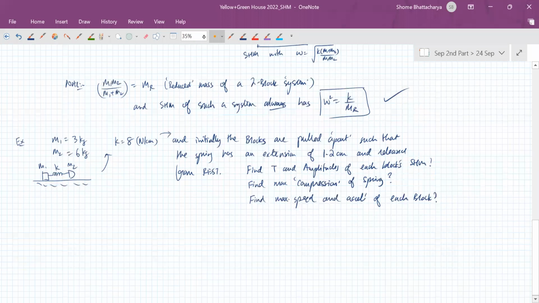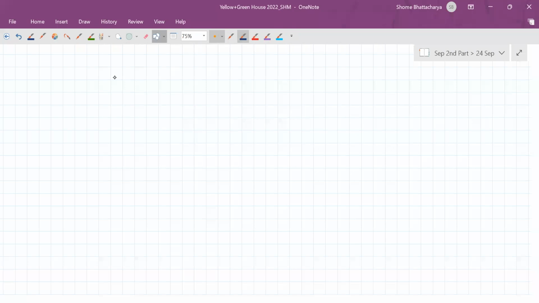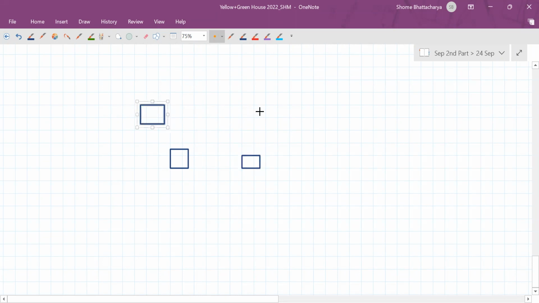So we can just do this question directly using the formula we have derived before. But just for the understanding, if this is the situation of mean position, where the extension of the spring is 0, then at some general time, it looks like this. So this is the natural length situation, when both of them are at mean position.